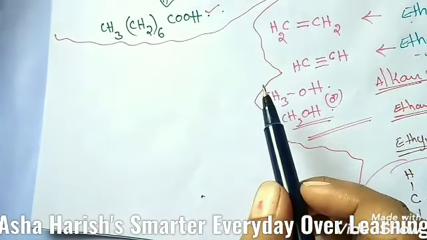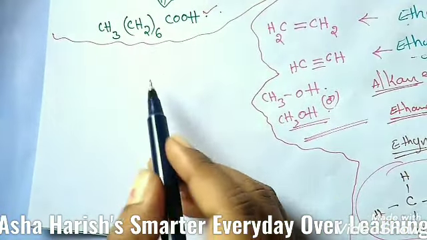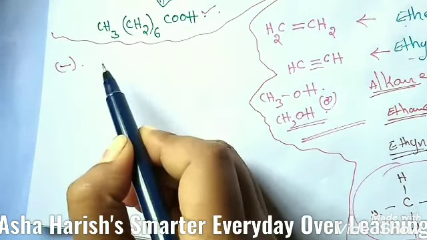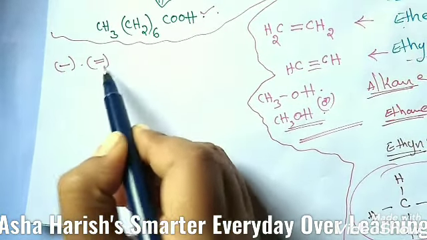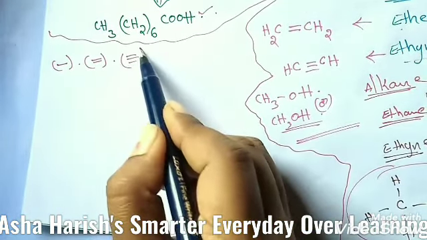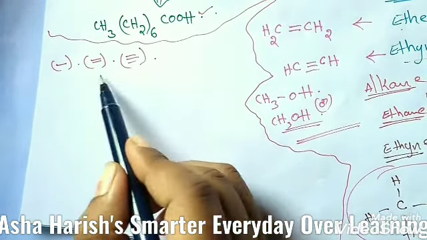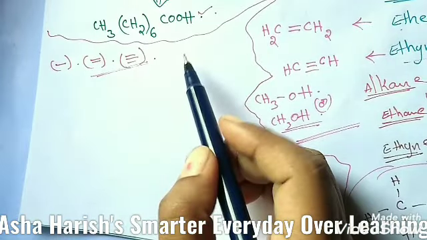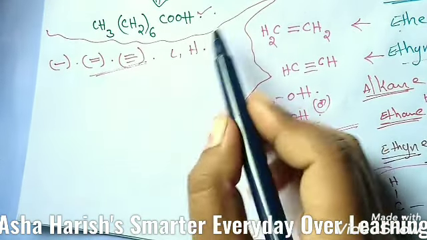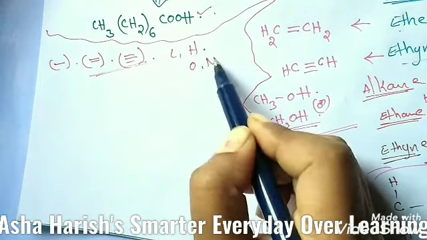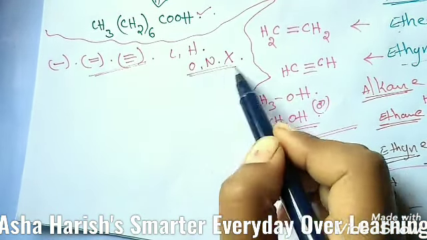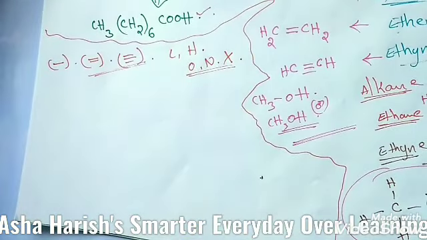In this bond line structural formulae, a single bond is represented by a single line, a double bond is represented by a double line, and a triple bond by a triple line. Although carbon atoms are not shown, all atoms other than carbon and hydrogen, such as oxygen and nitrogen and some halogens, are shown on the zigzag line.